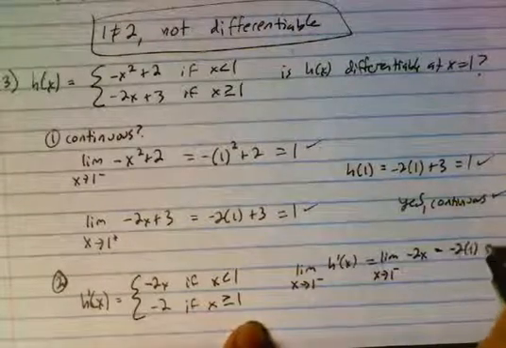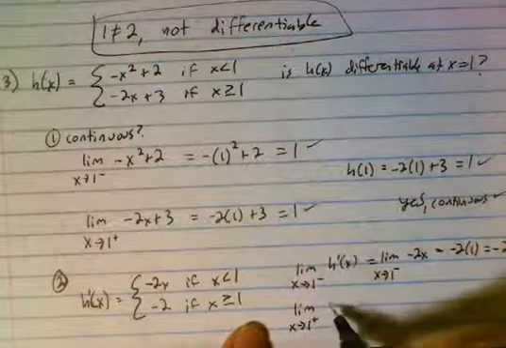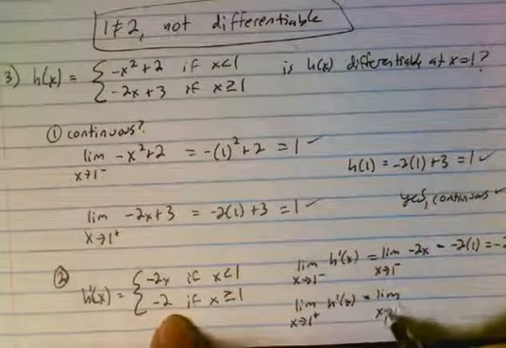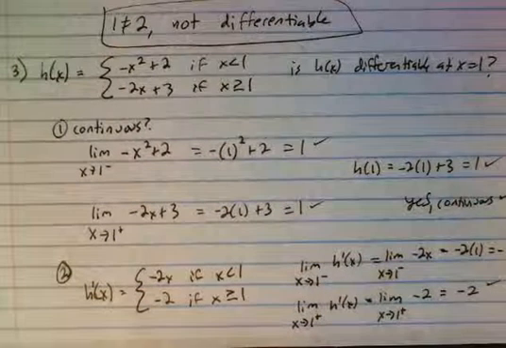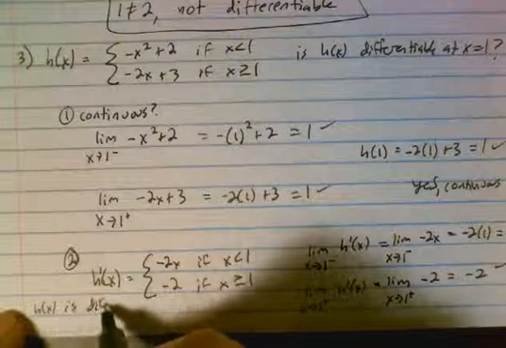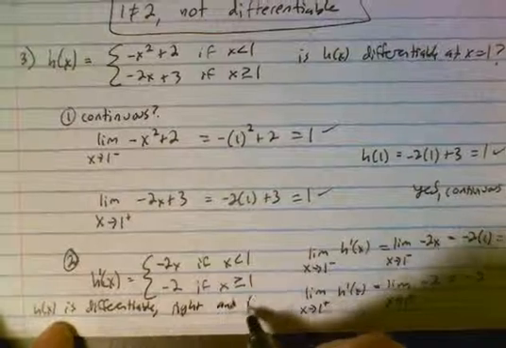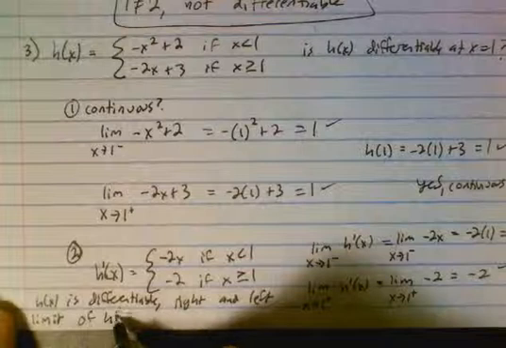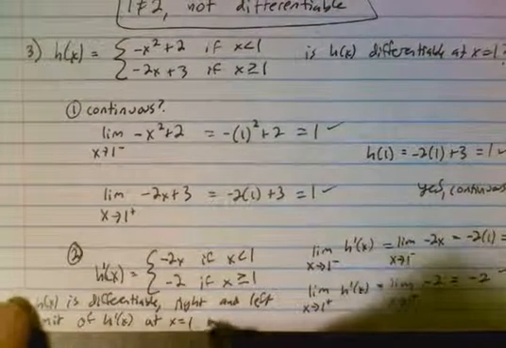Substitute in negative 2 times 1 equals negative 2. And then the limit as x approaches 1 from the right of h prime of x is going to be the limit as x approaches 1 from the right of negative 2. That's just negative 2. Notice how these two match. So that means that yes, h of x is differentiable.